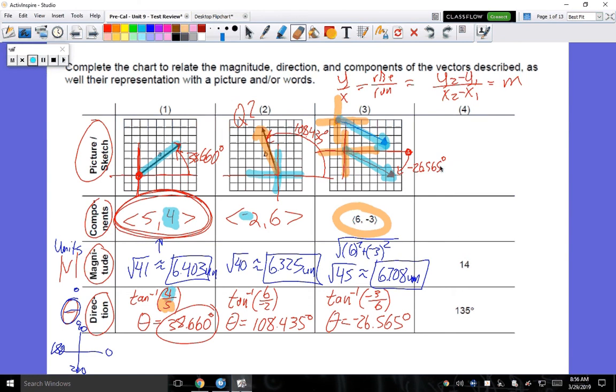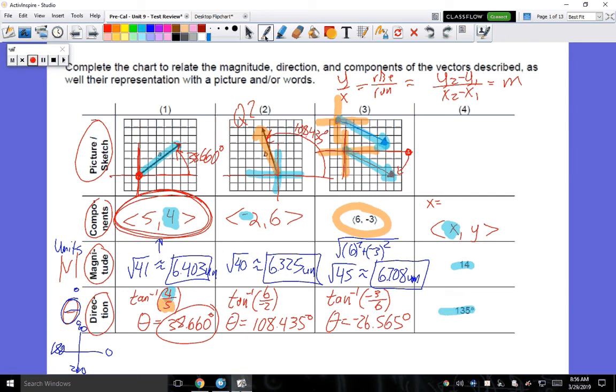Our last one's going backwards. So we weren't given the vector so that we could figure out the components. Nor were we given the components first. We're working backwards as far as magnitude and direction. Okay. So magnitude and direction, if you recall that if you wanted to find the x component of a vector, okay, so you have x, y, and if you wanted to find the x component, what you're going to do is you're going to multiply the magnitude by the cosine, since x is cosine, of that angle.